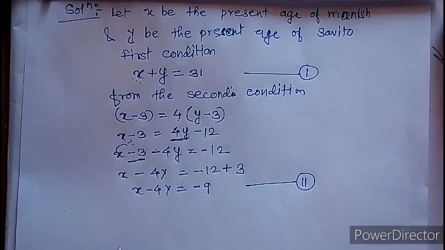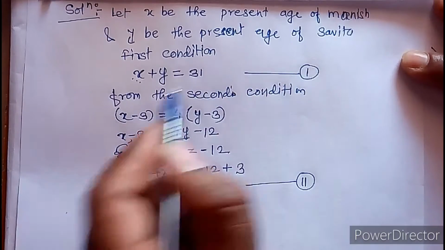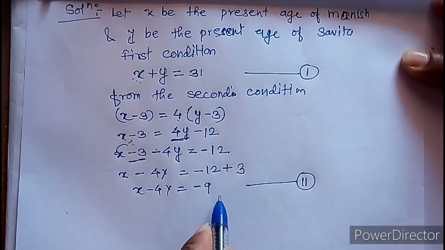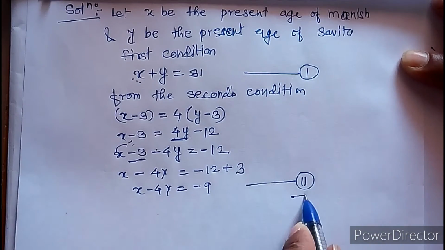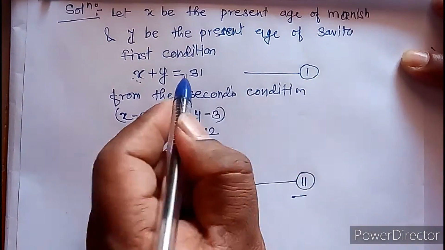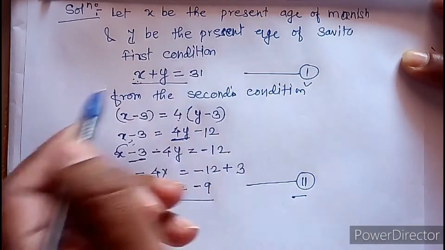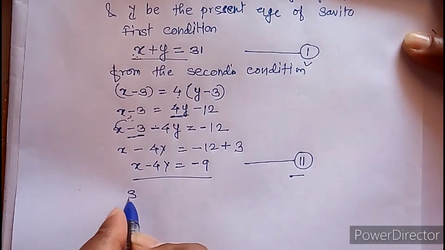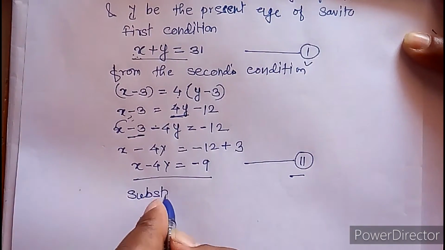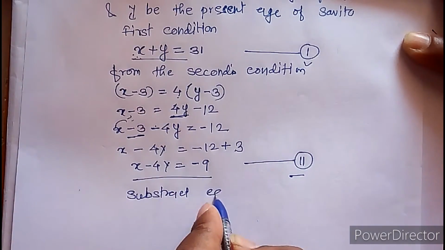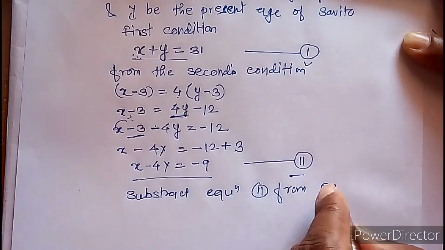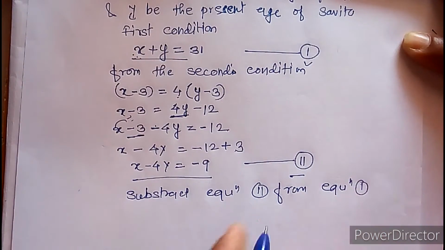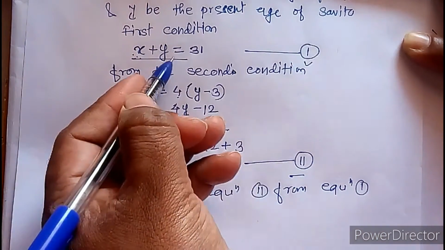We get two equations: x plus y equals 31 and x minus 4y equals minus 9. We have to subtract equation number 2 from equation number 1.